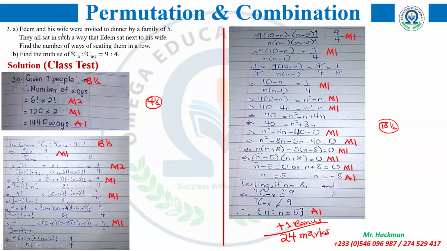That's it. So as usual, 2A, don't forget to number, giving 7 people. Number of ways will be, what do we do? Remember we said use strokes to represent your line, as rough work, but she is matured, so you can choose not to. So 1, 2, 3, 4, 5, 6, 7. If 2 particular people, meaning Adam and the wife, must sit next to each other, meaning they must be together, you consider them as a unit when you are counting.